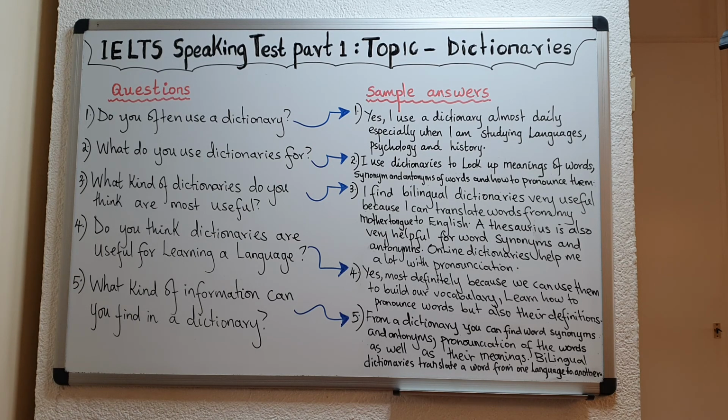Furthermore, you can find how to pronounce the words as well as their meanings. And finally, from a bilingual dictionary, you can find a word that translates from your mother tongue to the language that you are learning.